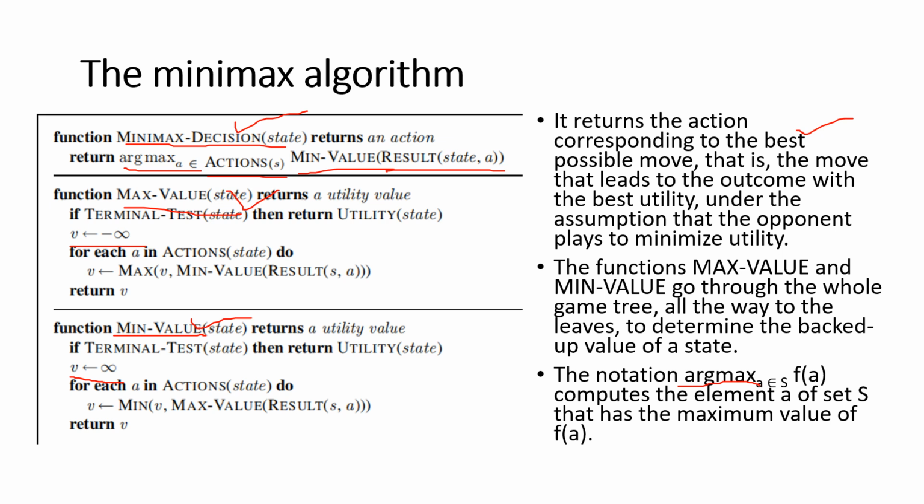That means from the root node we are moving to B. In the previous picture we have already discussed that. So that is the role of argmax. So we can say that the minimax algorithm recursively explores the entire game tree, applies the utility function at terminal states, backs up values using min and max operations, and selects the optimal move.